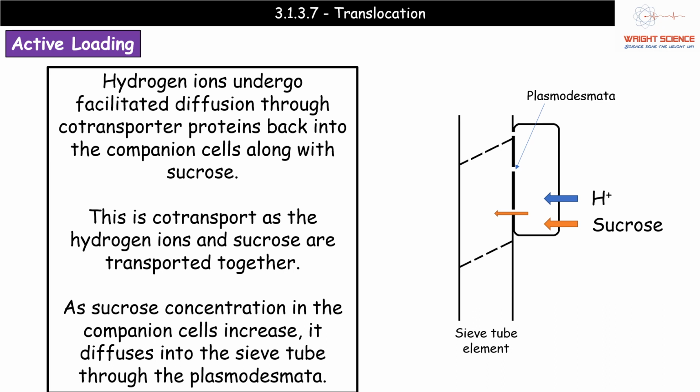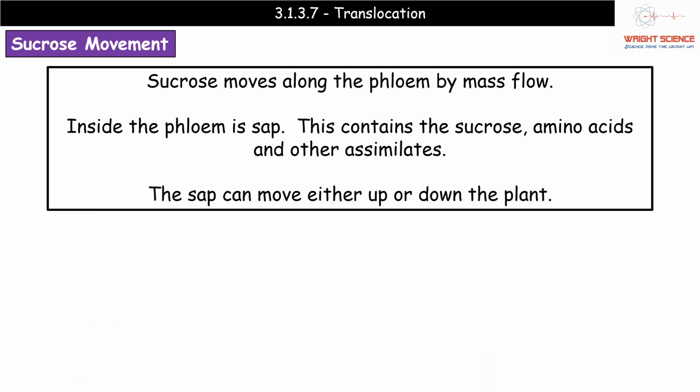So, first step, hydrogen ions and sucrose go through co-transporter proteins, which allows them to flow back into the companion cell. Then our sucrose is just going to diffuse through the plasmodesmata into the sieve tube itself. Once the sucrose is in that sieve tube, it just moves along the phloem by mass flow.